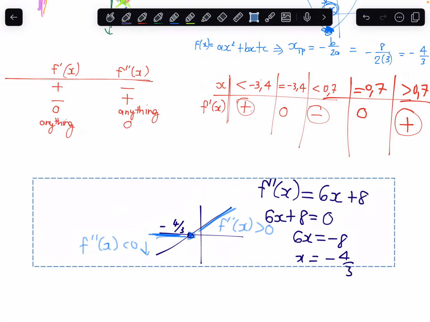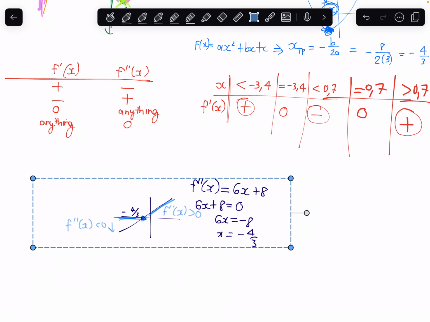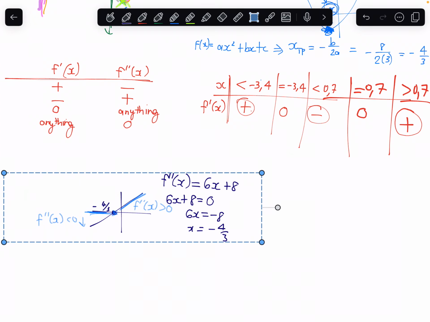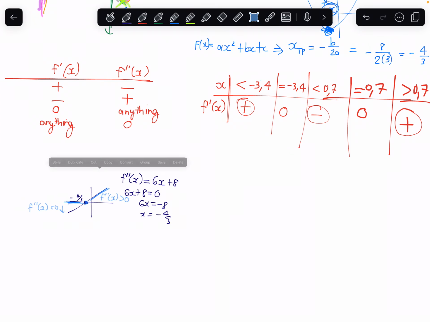Okay, so now I'm also just going to do another thing that will make my life a bit easier. I just want to emphasize that this is negative 1 comma 3 3 3 and so on. First, let me write the table for f double prime.